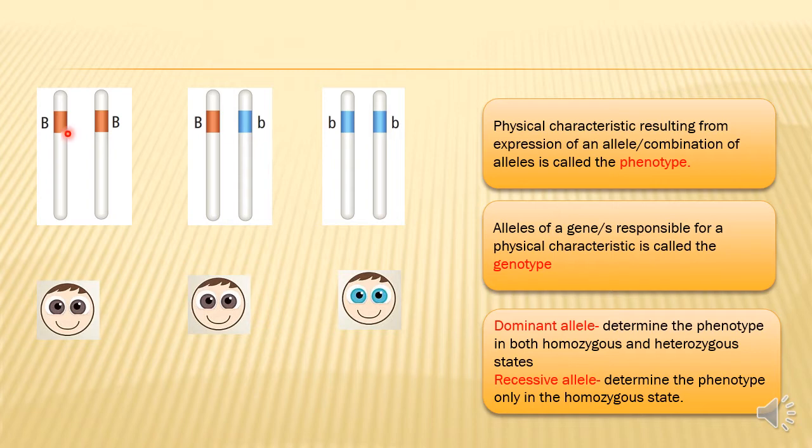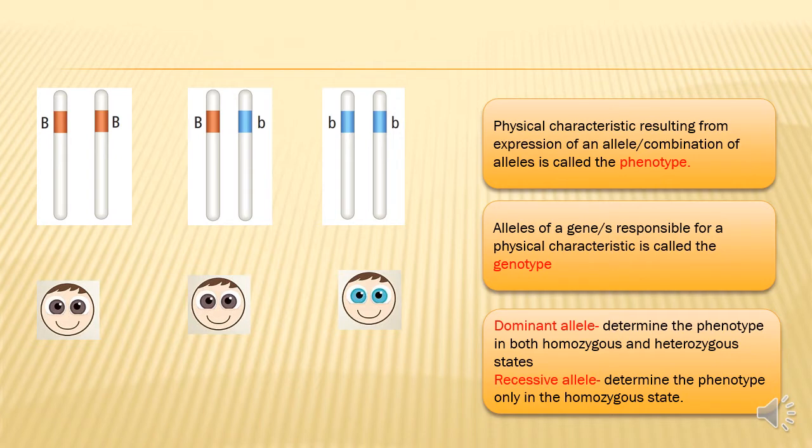In this case, capital B genotype is responsible for the brown eyes phenotype. In this case, simple b genotype is responsible for the blue eyes phenotype.